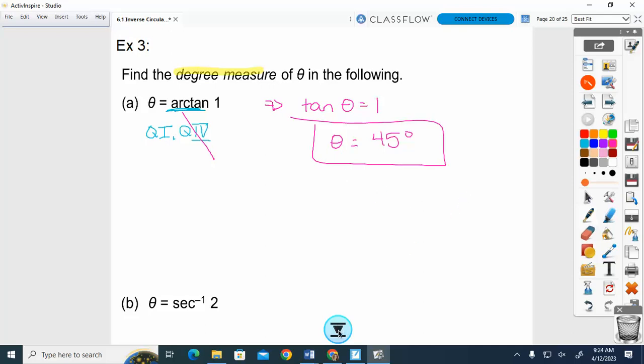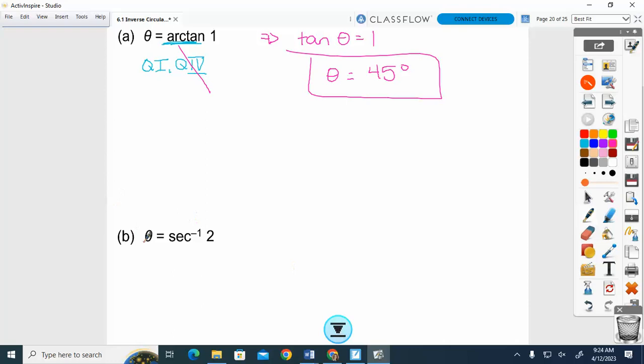Secant. So secant inverse. When I see that, what quadrants can that be in? Quadrant 1 or quadrant 2. Secant's the reciprocal of cosine, so that's 1 and 2. But this is a positive 2, so we're again in quadrant 1.